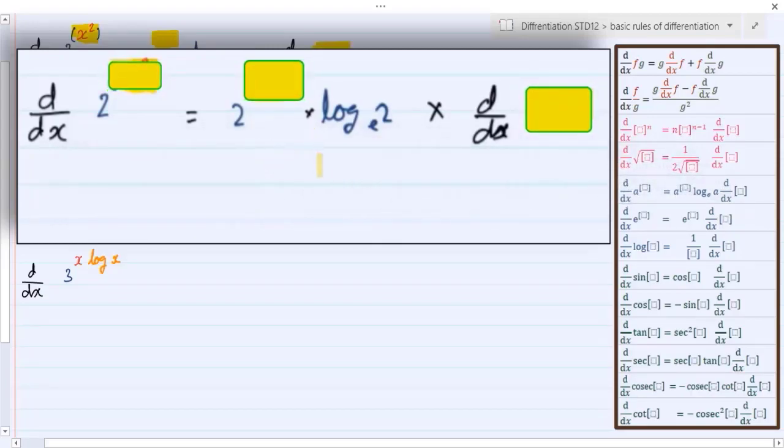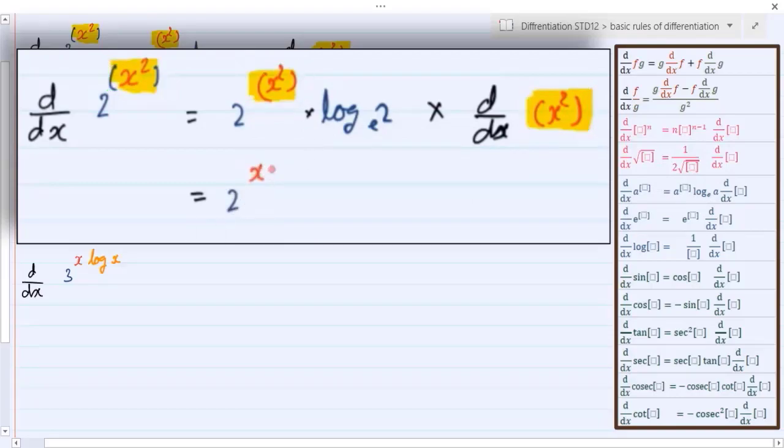Now within the box we have x square. So in the next step we don't have to worry about this 2 raised to x square log 2. We just have to focus on differentiation of x square, which is 2x. So tada, you can consider this as your final answer.